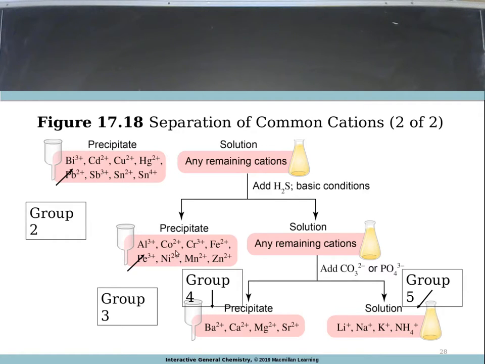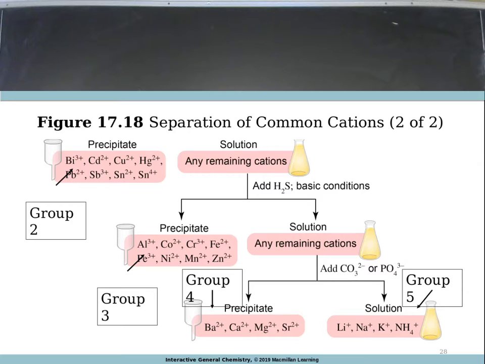Making the conditions basic is important because you're putting the hydroxide concentration high enough for these to form hydroxide salts, solid hydroxides. Common ion effect, like we discussed earlier, the pH can affect the solubility of different substances. Under acidic conditions, hydroxide salts tend to dissolve.